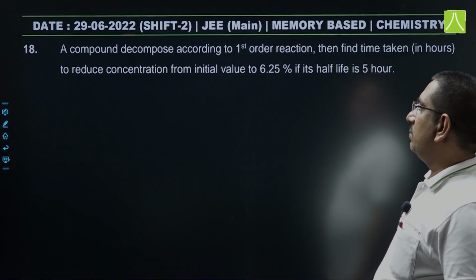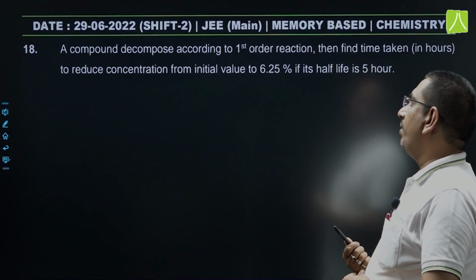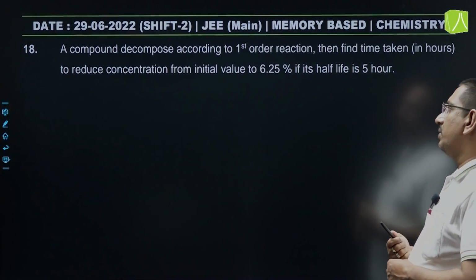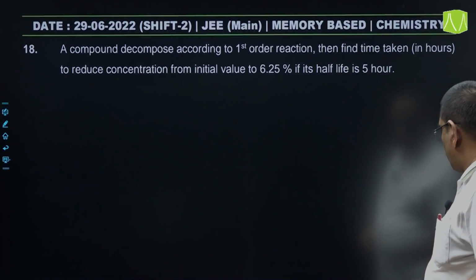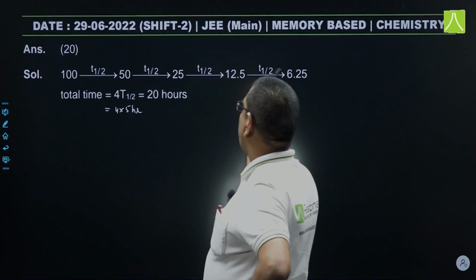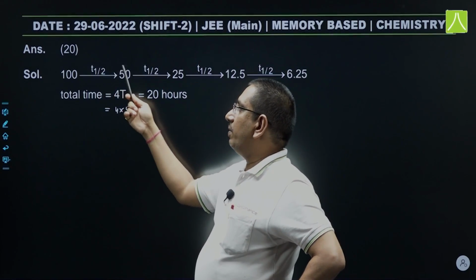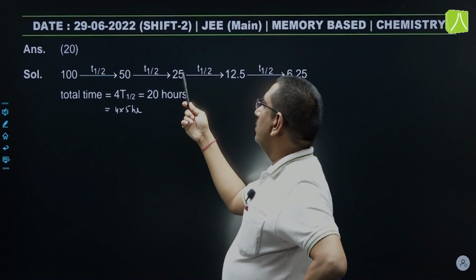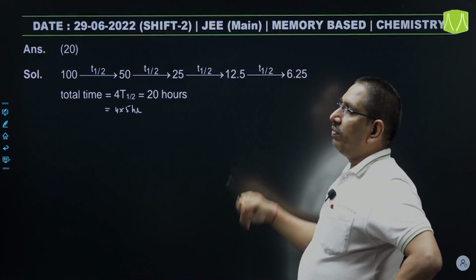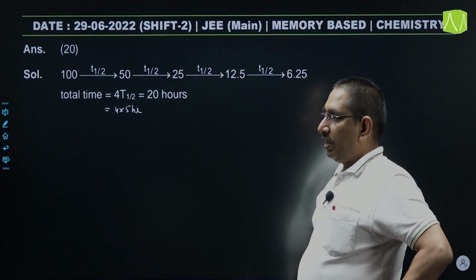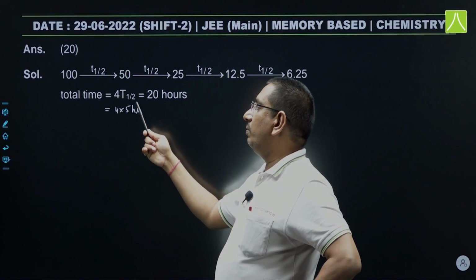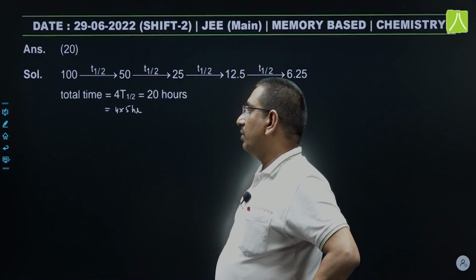Now, this is the question from chemical kinetics again. A compound decomposes according to first order reaction, then find the time taken to reduce concentration from initial value to 6.25% if its half life is 5 hours. Here the half life is 5 hours, so initially we are assuming it is 100. Now, after how many half lives will this become 6.25, see. In the first half life it becomes 50, second half life 25, third half life 12.5 and fourth half life 6.25. So, to become 6.25 from initial, it takes 4 half lives. Now, total time taken is equal to 4 into t half. Now the t half value is given as 5 hours, substitute the 5 hours, then you will get 20 hours.